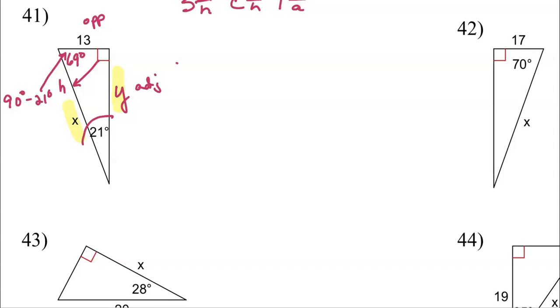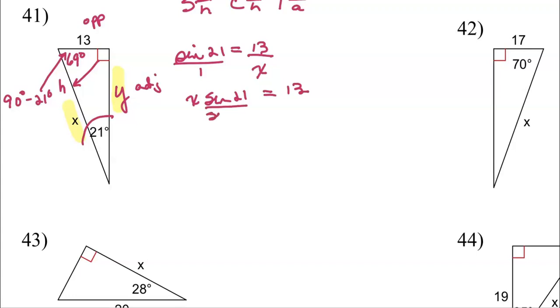I'm going to first figure out the missing hypotenuse. So I'm going to say the sine of 21 equals opposite over what? Over the x, because that's the label they gave for the hypotenuse. So this is a two-step problem. Put this over 1 and say x times the sine of 21 equals 13.